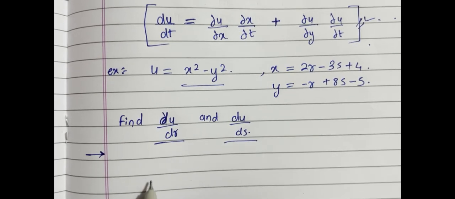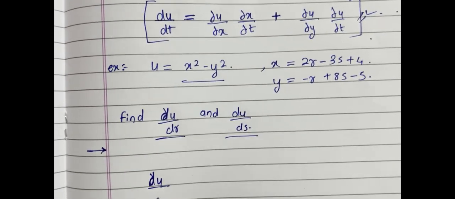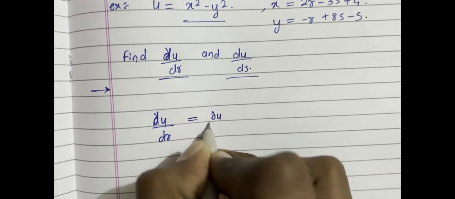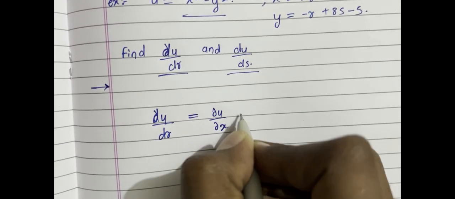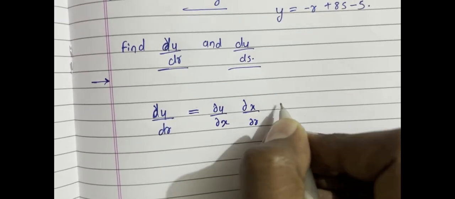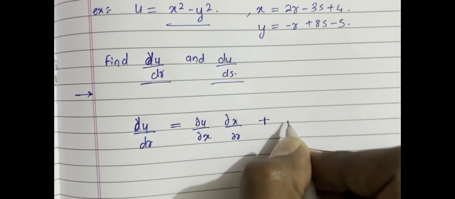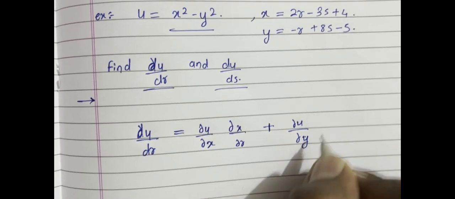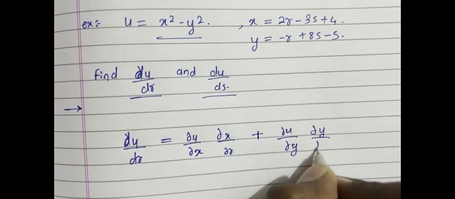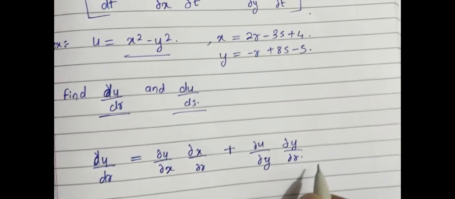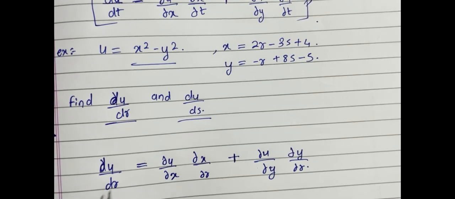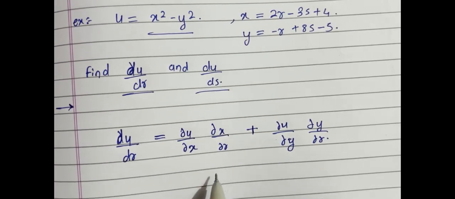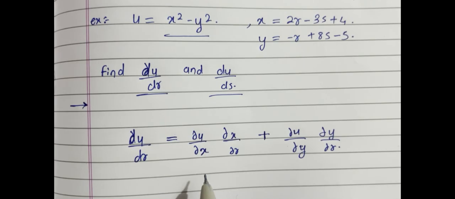We can differentiate du by dr equals dou u by dou x and dou x by dou r plus dou u by dou y into dou y by dou r. We got this formula. We will now differentiate it.